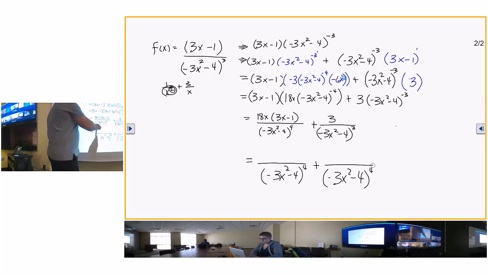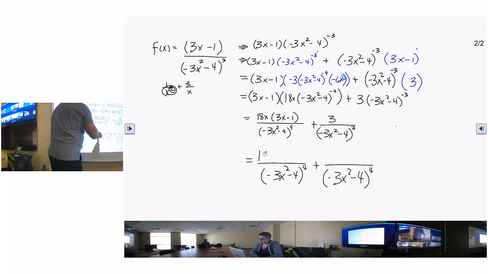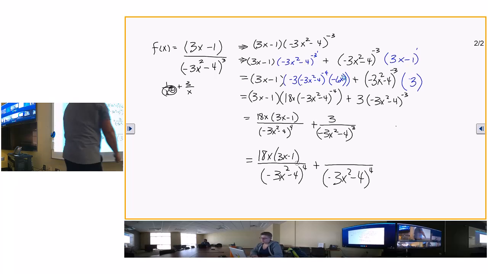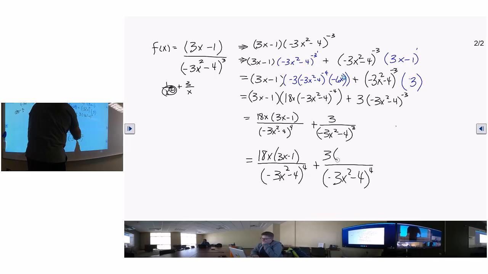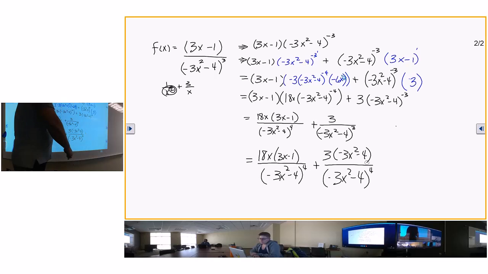So, how many times will blah, blah, blah to the fourth go into blah, blah, blah to the fourth? One time. One times this is this. How many times will blah, blah, blah to the third go into blah, blah, blah to the fourth? 3 times -3x squared minus 4 to the first power.